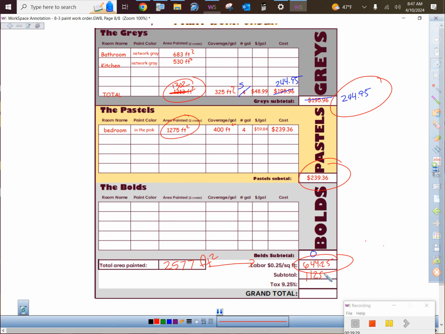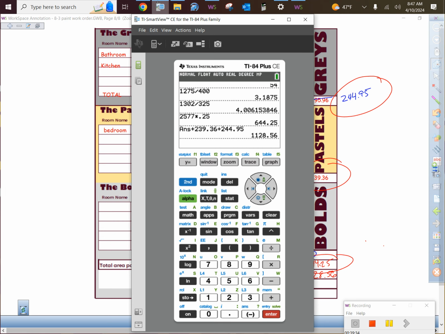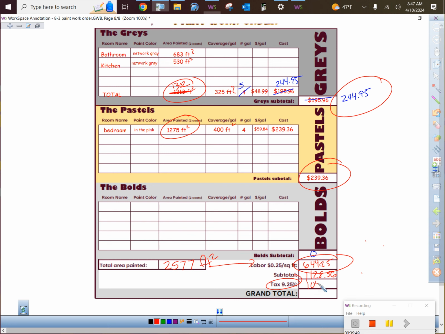That's what we will pay tax on. How much do we take that times? 0.0925. So times 0.0925. 39 cents or 40 cents? What will the government do? 40 cents. 104.40.